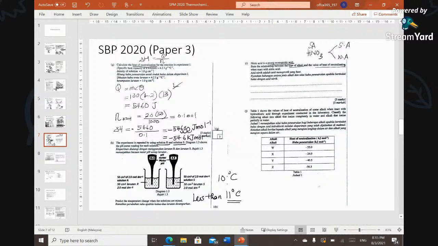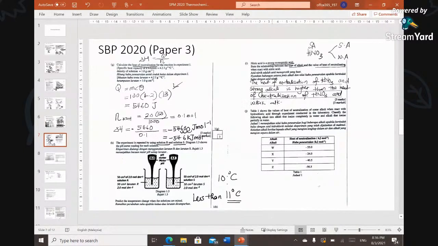You can answer: the heat of neutralization of nitric acid and strong alkali is higher than the heat of neutralization of nitric acid and weak alkali.